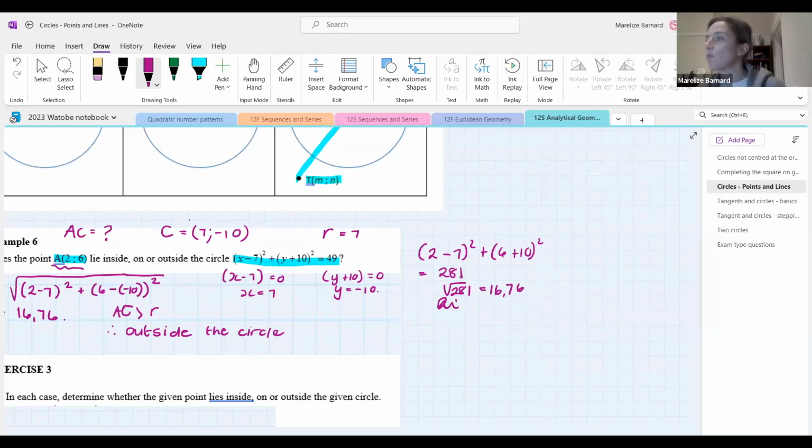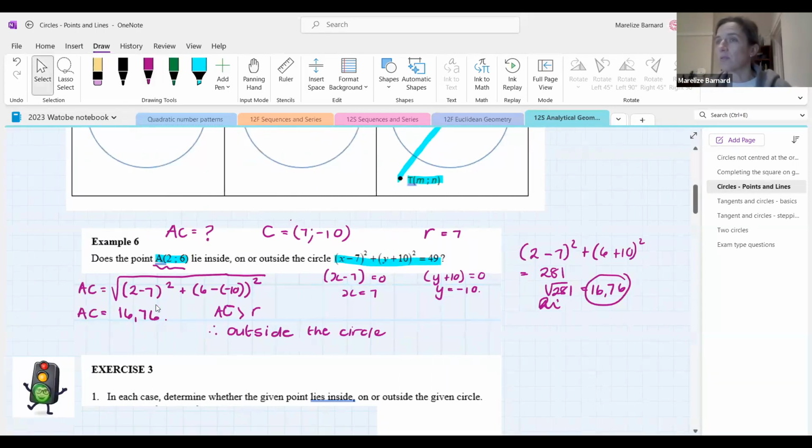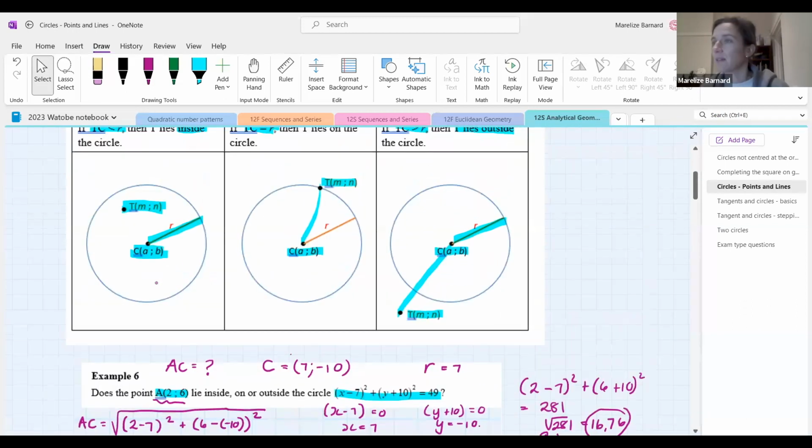And that way he also got that this is greater than 7. So it's outside the circle. What exactly is outside the circle? If it's outside the circle, it's like this. Picture number 3. That's what outside the circle means.